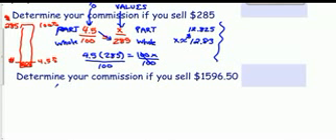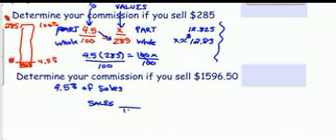So since I'm trying to take, again, 4.5% of my sales, I'm going to take the amount of sales and divide by 100 to get each 1%, and then I'm going to multiply that result by 4.5 because that's how many of those 1% I want.